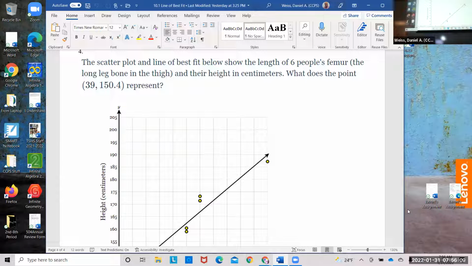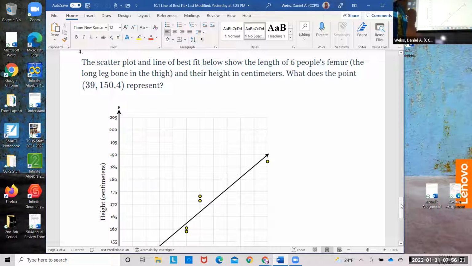And I guess it corresponds with height. I didn't know that. Whatever. The point is, don't worry about all the words in these problems, okay? It says, what does the point 39 and 150.4 represent?